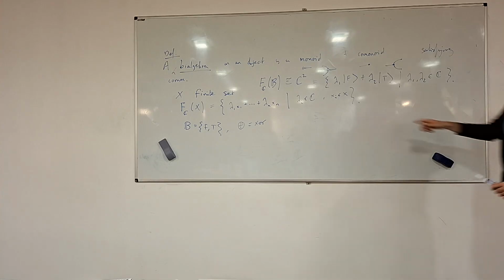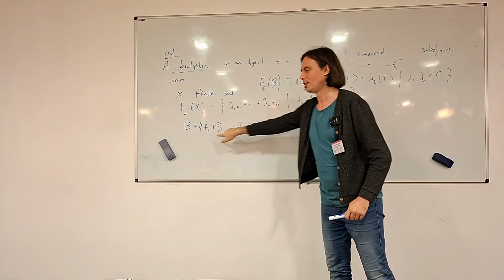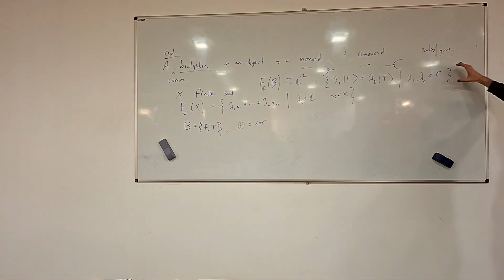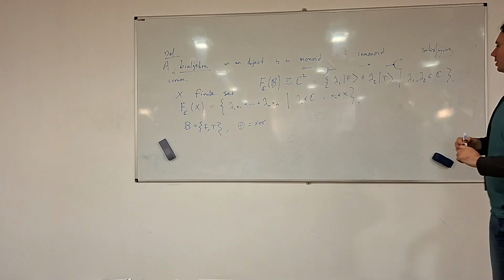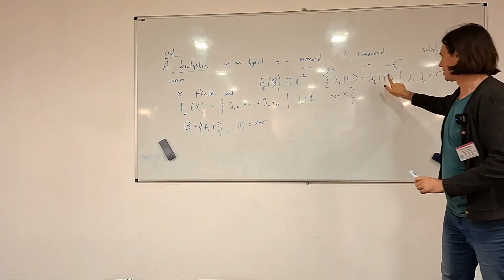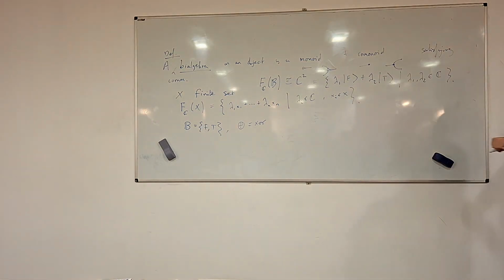But because the Booleans is not just a set, it's a monoid, with this XOR operation, I gain an additional monoid structure on this vector space by linear extension. So what this means is that I define it that way on these basis elements, and I say that all of the laws of algebra still work the same.